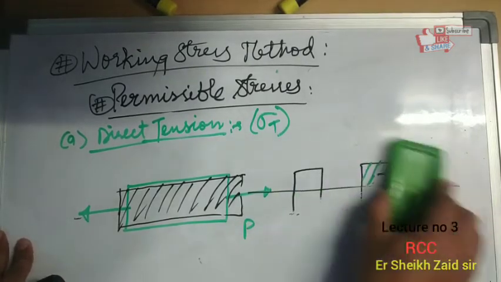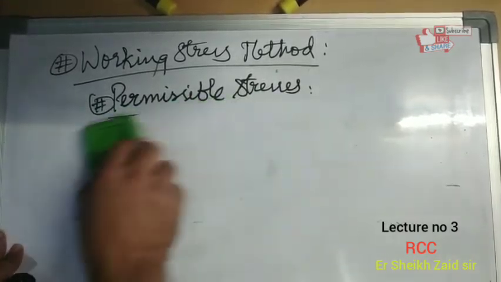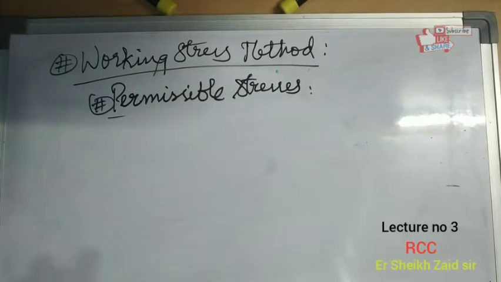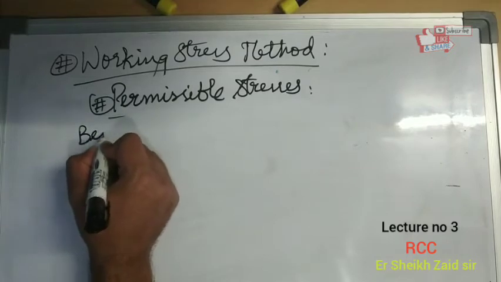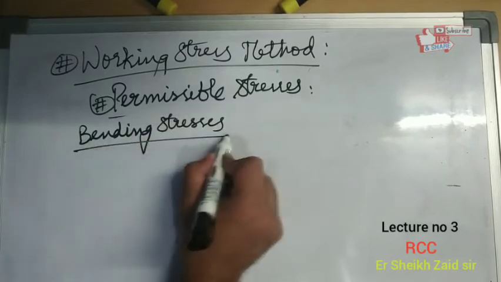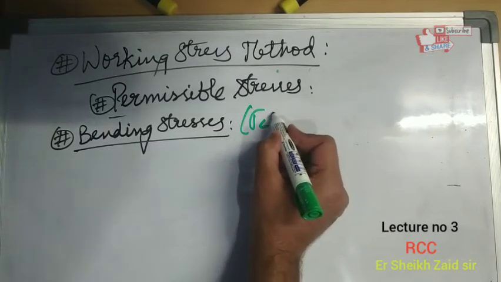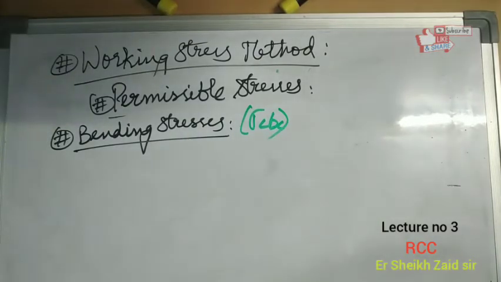Now these were direct stresses, direct tension and direct compression. Now the next one is bending stress. These will have the combined effect of bending compression as well as bending tension, represented as sigma bc.